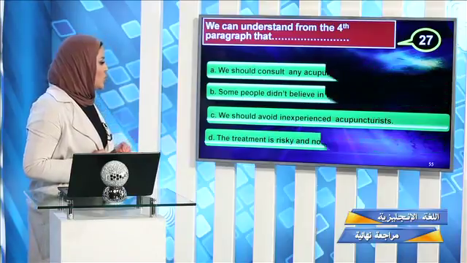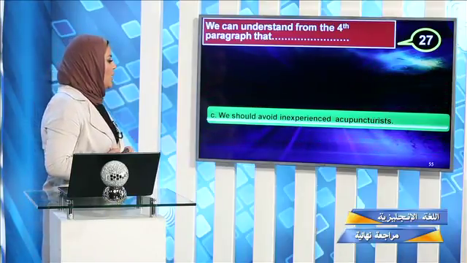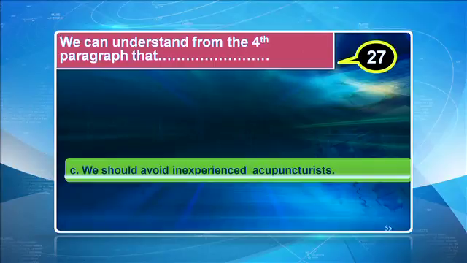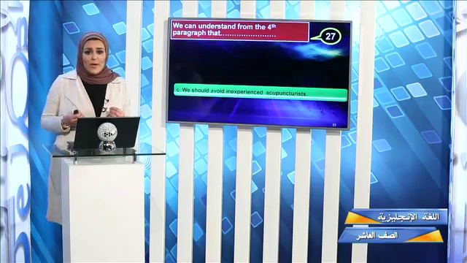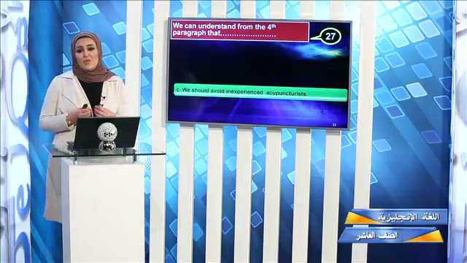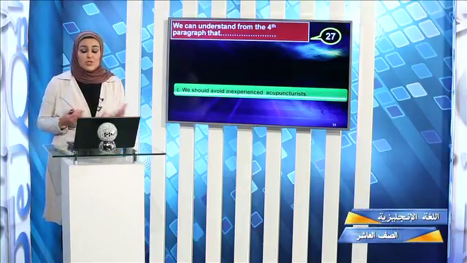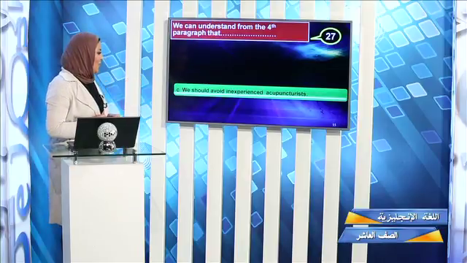And here we're going to choose C. We should avoid inexperienced acupuncturists, as in the fourth paragraph the writer told us that the acupuncturist, the person who will do the acupuncture for you, will do the medical treatment for you. If you are not sure about him, if he is not guaranteed, you don't know his history, where he studied, if you know nothing about him, then just don't do it, okay? So you have to avoid inexperienced acupuncturists. Good.